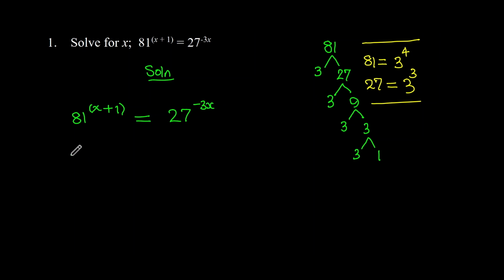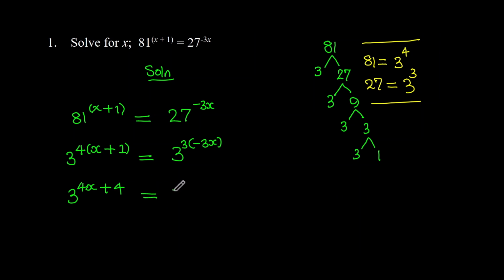So 81 becomes 3 exponent 4, and this is inside bracket x plus 1, and we equate this to 27 as 3 exponent 3, and this multiplies negative 3x. We have here 3 exponent 4 times x, we obtain 4x, and 4 times 1, we get 4.